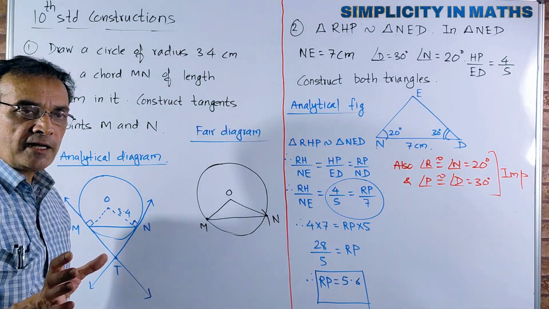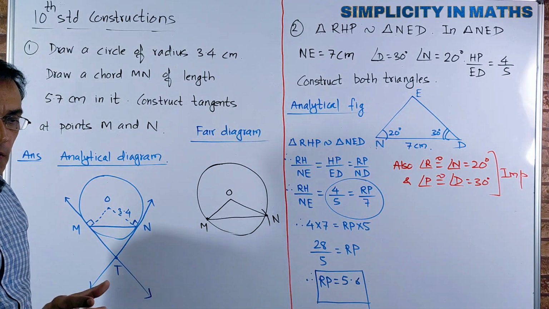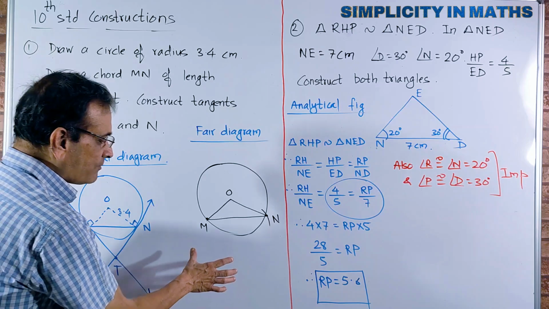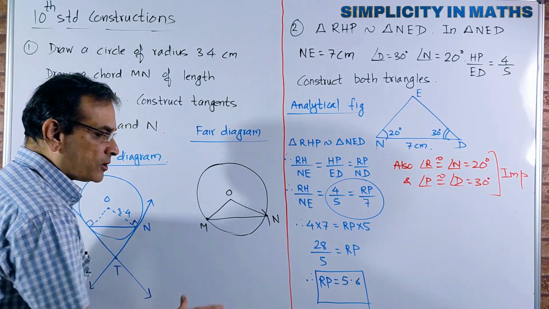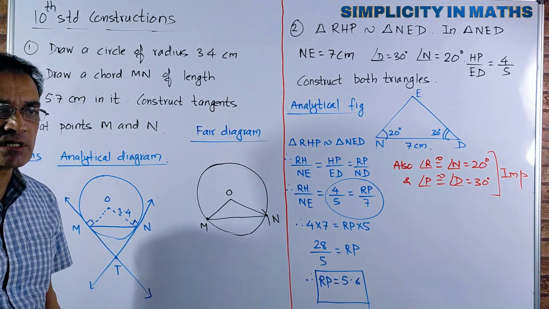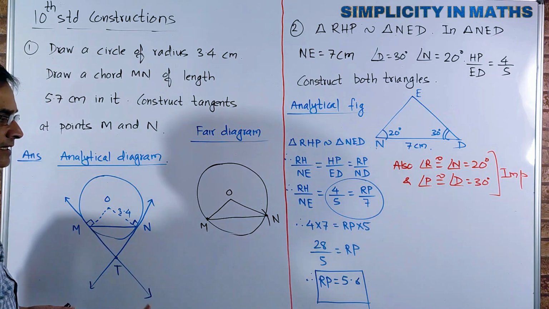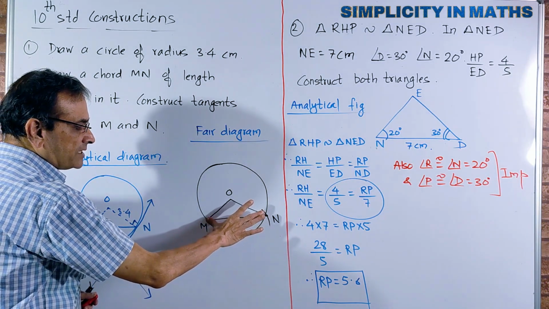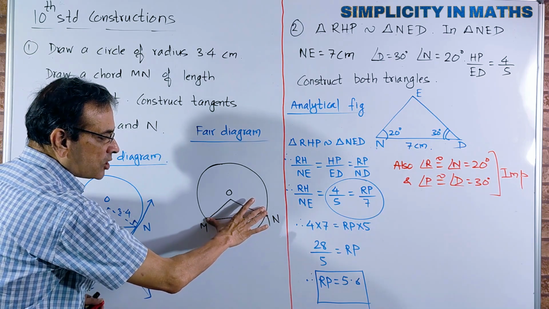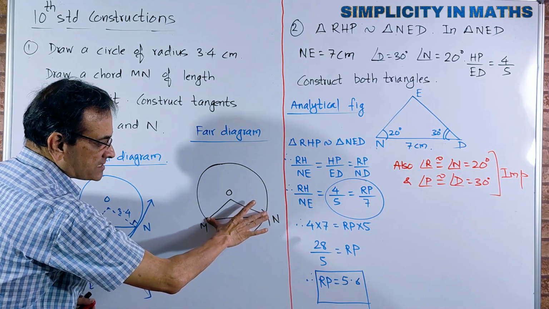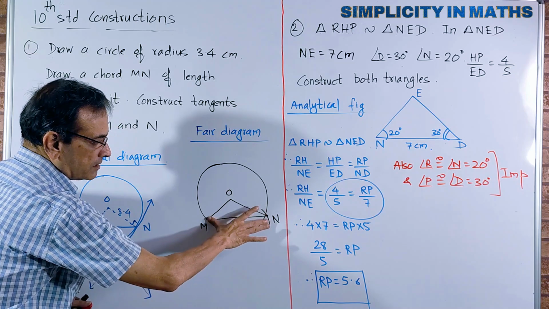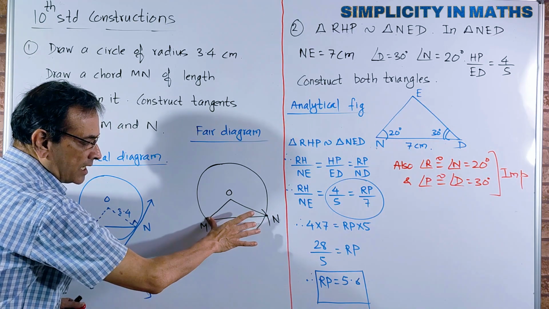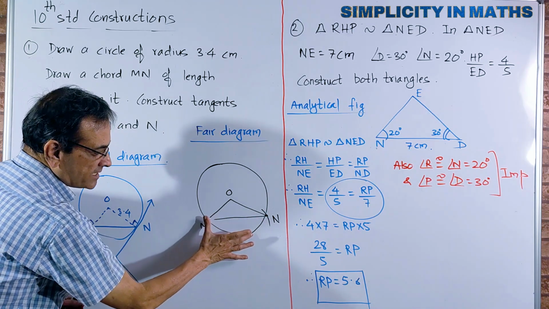Take a scale, take a rounder. Rounder के दो points, 5.7 centimeter. Keep it on the scale and measure correctly 5.7 centimeters. Then keep the point of the rounder on the circle, and with that 5.7 centimeters, draw an arc like this. It can be here also. अगर आर्क ऐसा आया तो chord ऐसे आएगी.